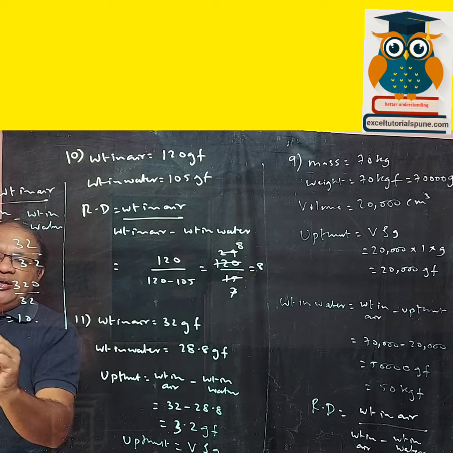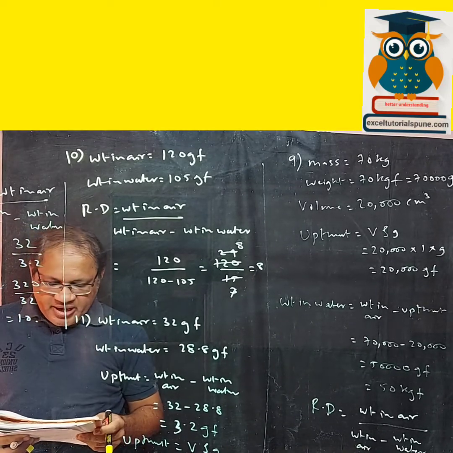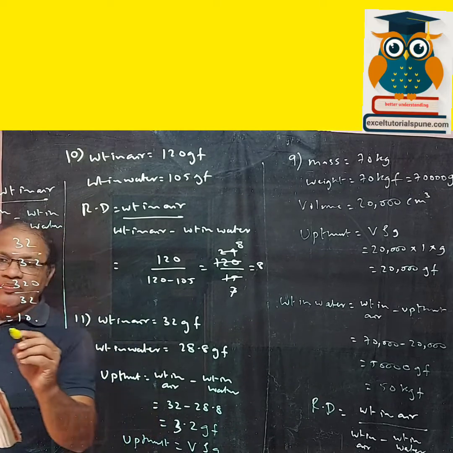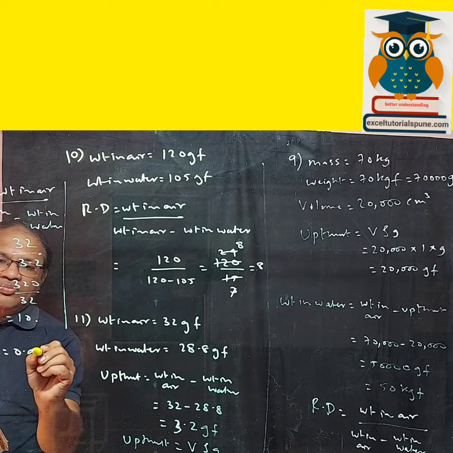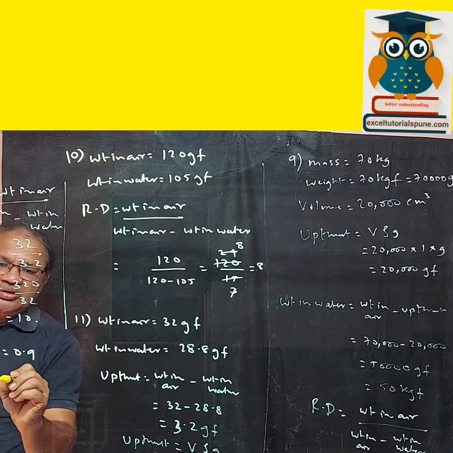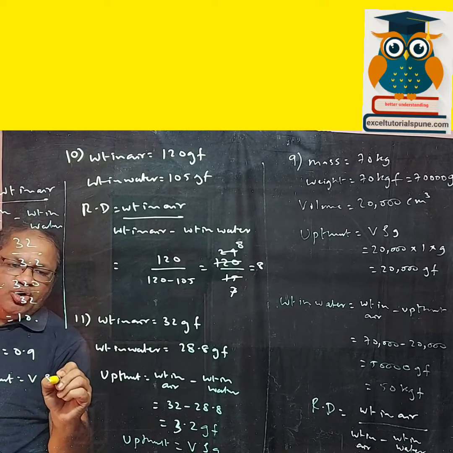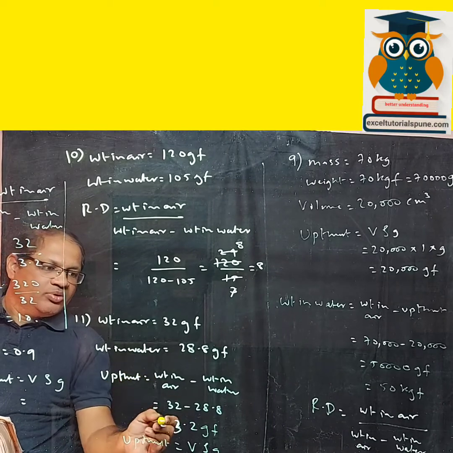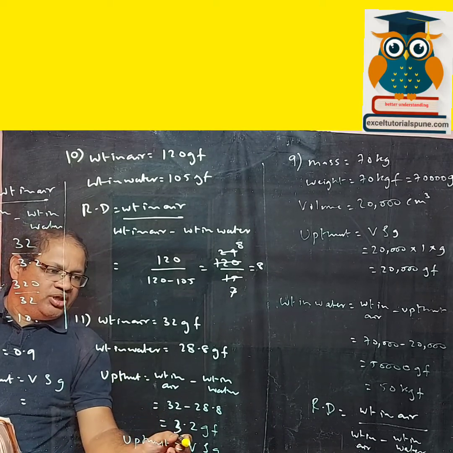Now the third part. In the third part, they have given the density of liquid as 0.9. So again upthrust is V rho g. Volume is 3.2.